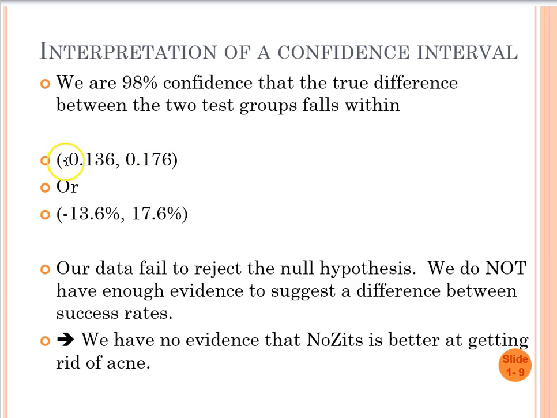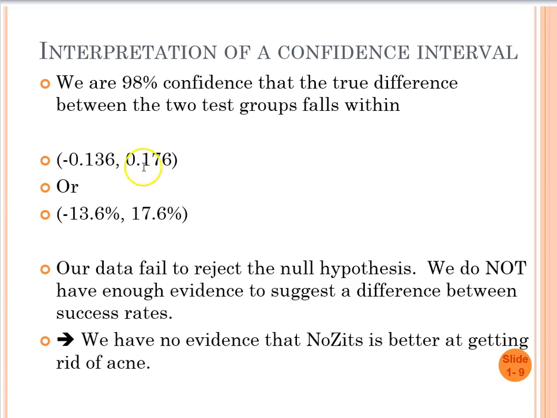So this first one is just for the proportion. We could also convert it to a percentage. So when we have a negative lower bound, it suggests actually that the second group has a higher success rate. They have more clean faces than the other group.